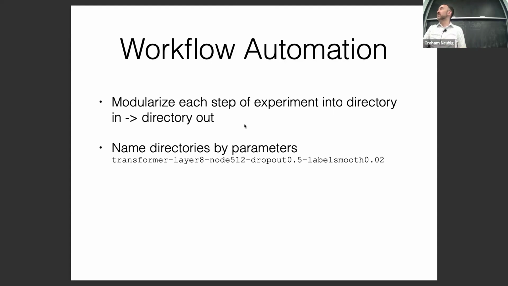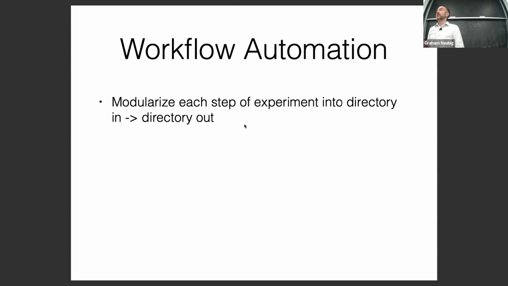There are other ways that are also good, but very often you'll need to do data selection, so you select which data sets you're training on. You'll need to do pre-processing of them with a tokenization model. And then you will need to run an experiment. And then you'll need to do evaluation.